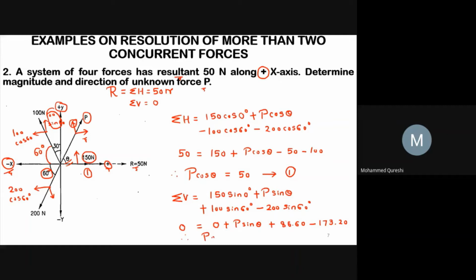So we may write P sin theta equals 86.6, and give it equation number 2.